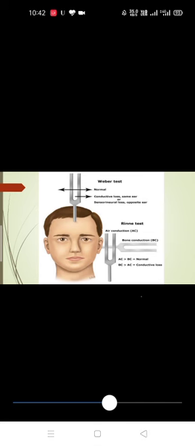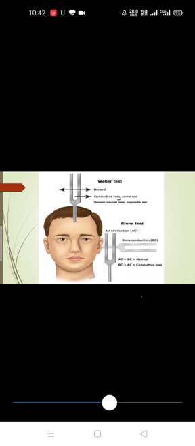That is the Weber test. If the person can hear the vibration only in one ear, then it means the person's hearing is affected.